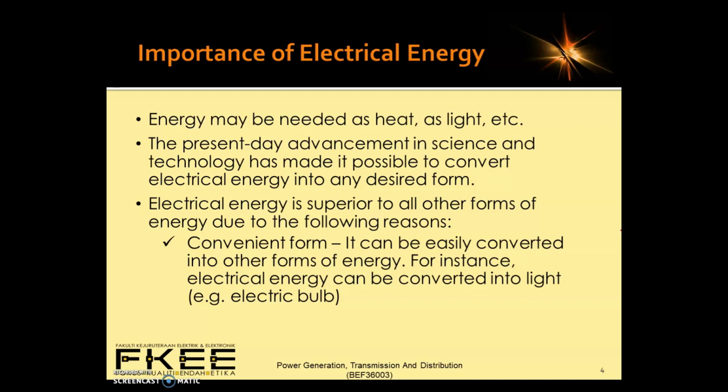So first is because electrical energy is in a convenient form. Electrical energy is a very convenient form of energy. Okay, it can be easily converted into other forms of energy. For example, if we want to convert electrical energy into heat, the only thing to be done is to pass the electrical current through a wire of high resistance.